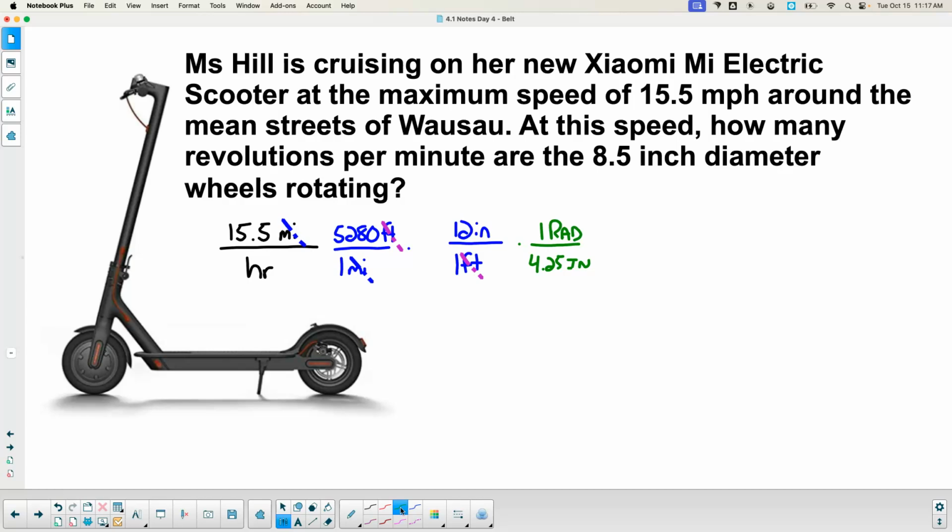Burn that in your brain. A radius is a radian. When you go to sleep at night, tell yourself a radius is a radian. And then say goodnight to yourself. Now I'm in radians per hour.